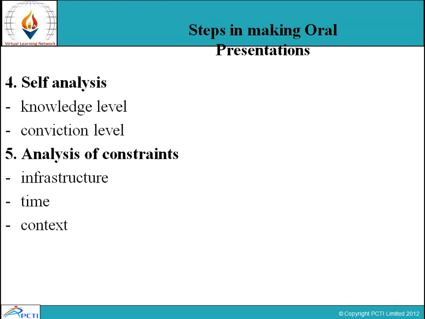In constraints, we will analyze the infrastructure where we are going to present, the time we will take in our presentation, and the context. The context is important in any oral presentation. Why? Because it will gain the attraction or catch the reader's attention.